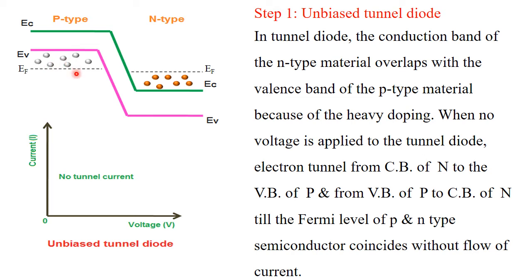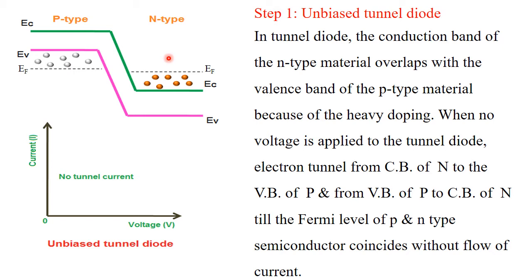This overlapping of the bands continues till the Fermi level in N-type and the Fermi level in P-type become the same, or coincide. As we have studied just now, in heavily doped N-type semiconductor, the Fermi level lies in the conduction band, and in heavily doped P-type the Fermi level lies in the valence band.